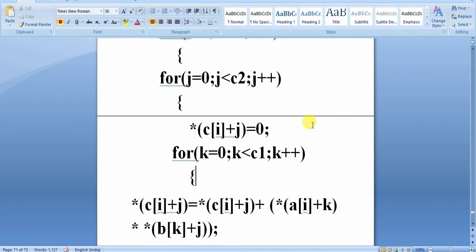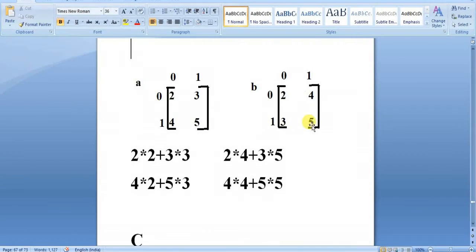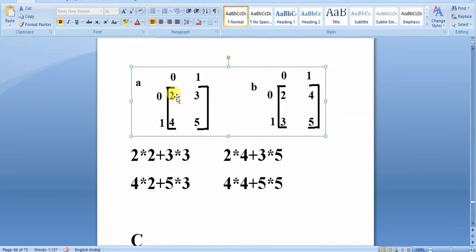So A of i k is multiplied with B of k j. A of 0 0 is 2, multiplied with B of 0 1, which is 4, so 2 into 4.